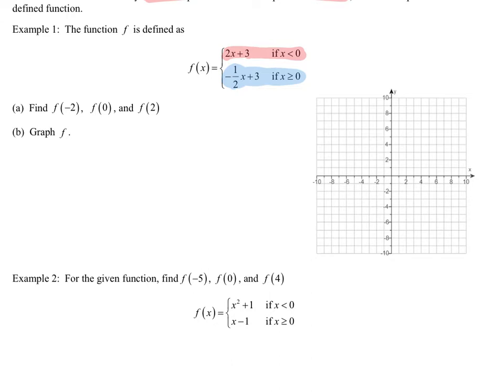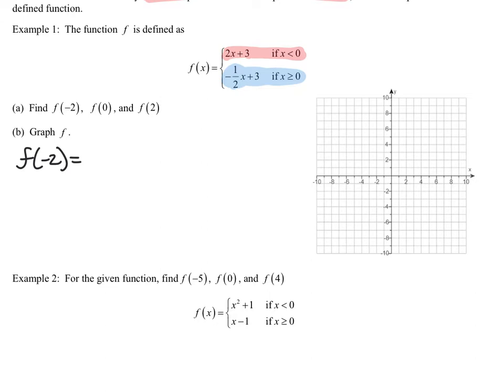Now, part A, I'm going to evaluate some values here. If I want to find what f of negative 2 is, I'm going to be plugging in negative 2. But I have to decide if I'm going to use the red equation or the blue equation. I have to figure out where x is negative 2, which one of the two equations I would use.